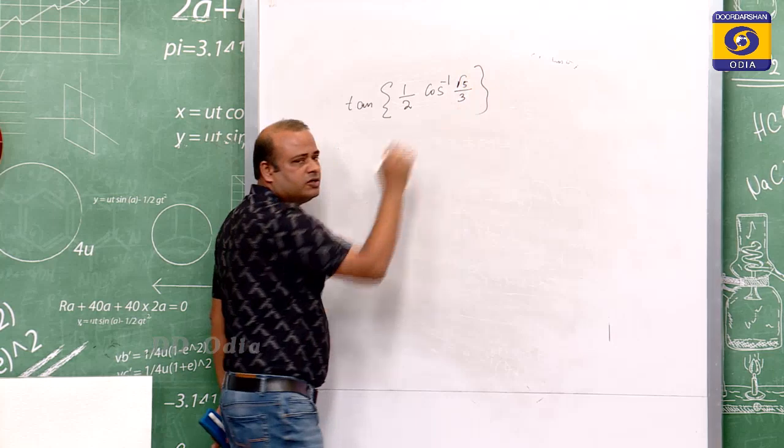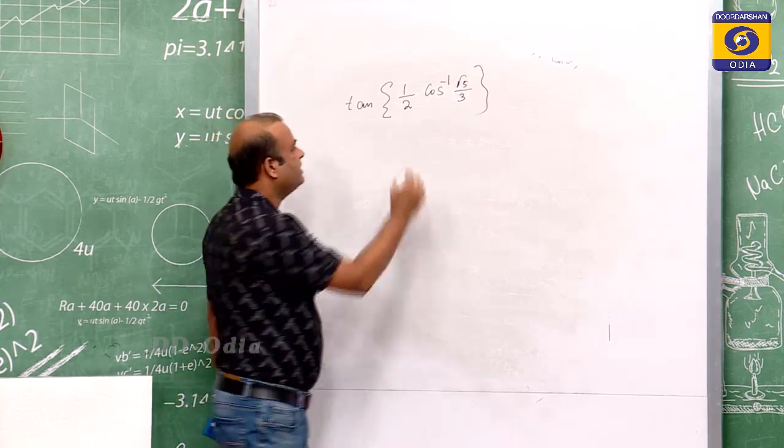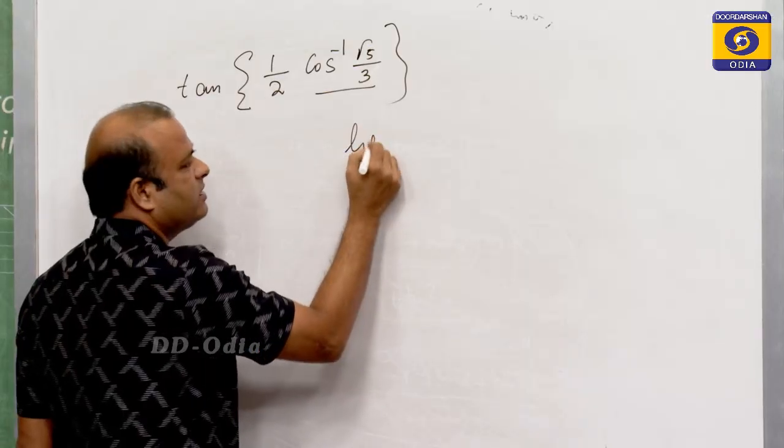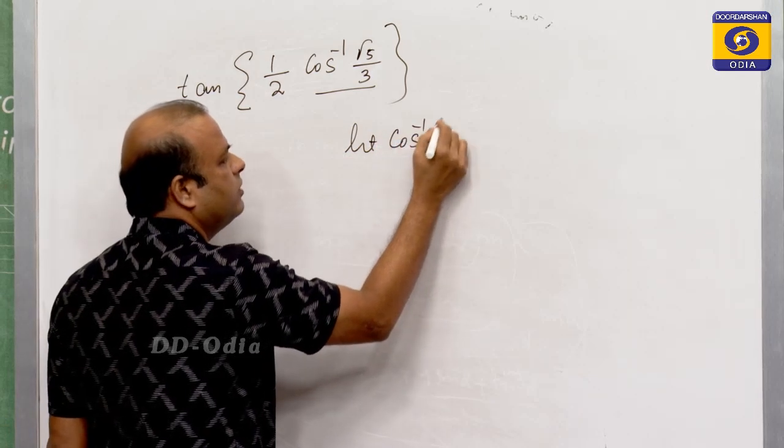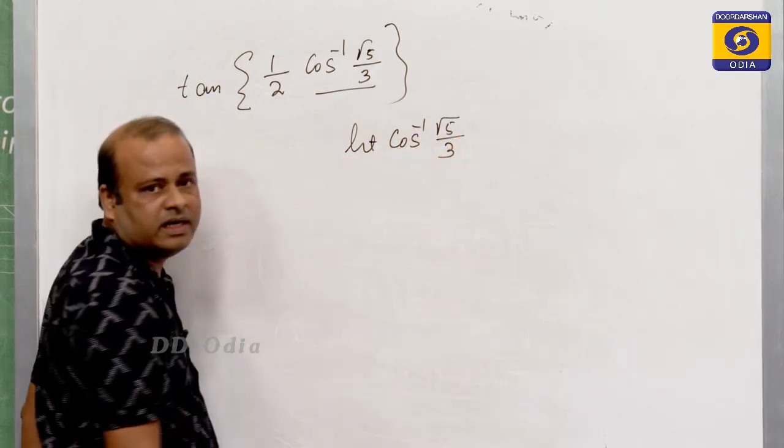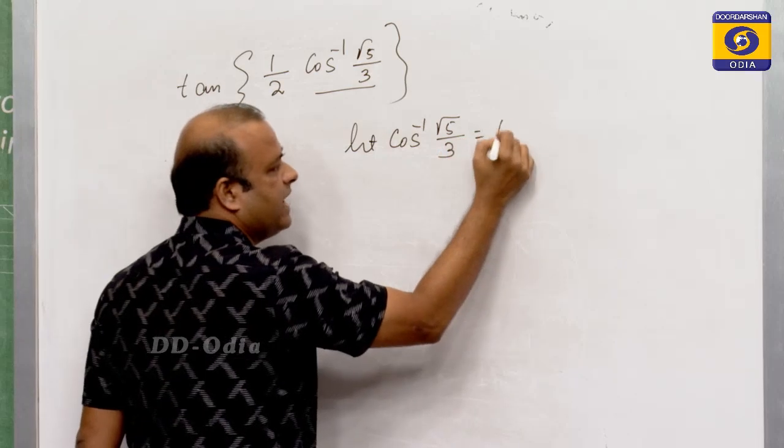Find the value of this. So let cos inverse root 5 by 3 equal theta.